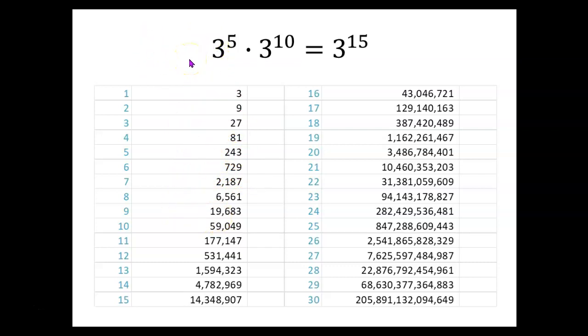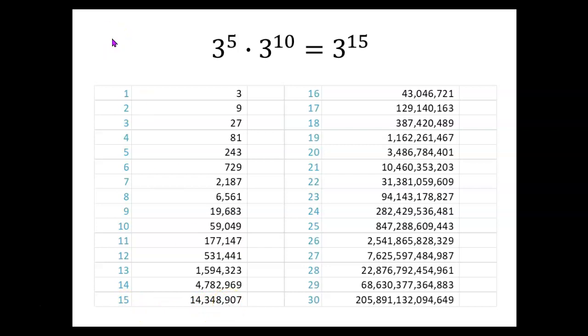That is 3 times 3 times 3, and so on. So altogether, that was 15 threes multiplied together, 3 to the 15th power, which was the number on the list at position 15.